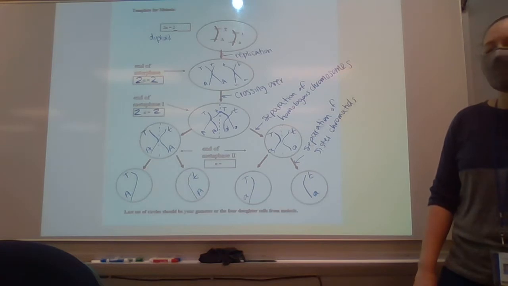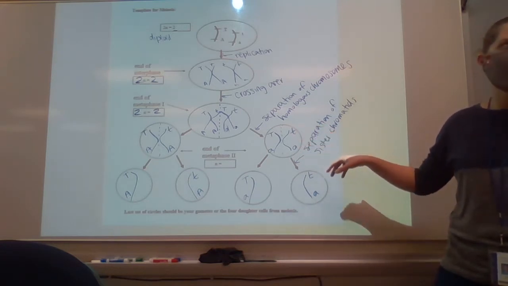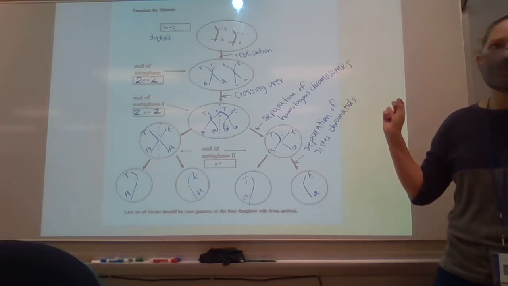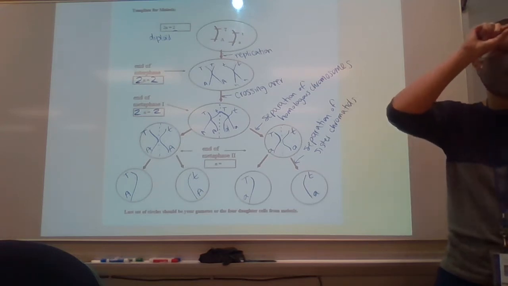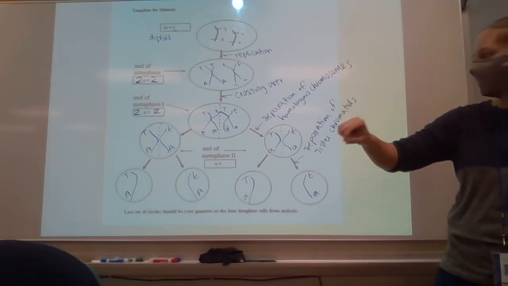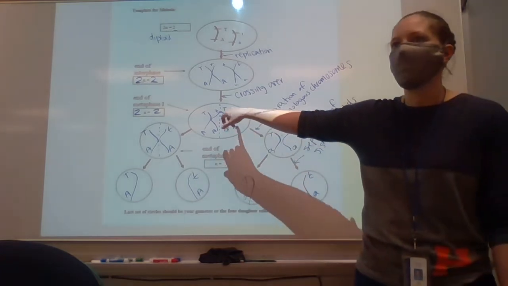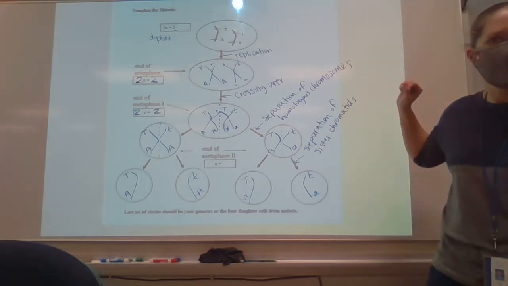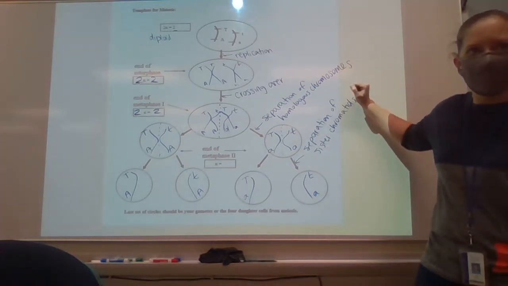So even if they're on the same chromosome, we can still have independent assortment as long as they get crossed over. Yesterday we said one exception to the law of independent assortment is if the genes are really, really close on the same chromosome, because in that case they're not going to get separated with crossing over, and they're going to end up in the same gamete.